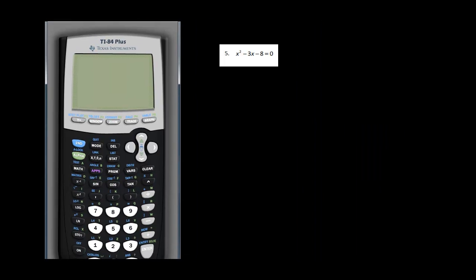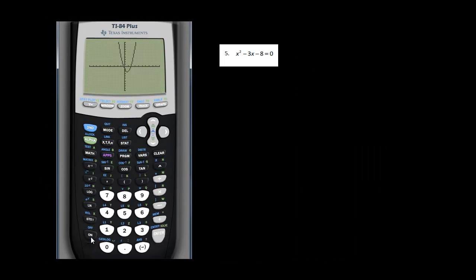This one, what I'm going to do is I'll use the graphing calculator. So turn it on. Let's get rid of this. Clear that out. So we have x squared minus 3x minus 8 graph. Second, trace 2. So left bound anywhere above it. Right bound under it.